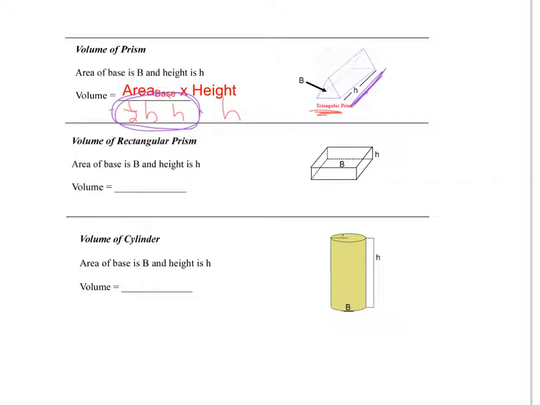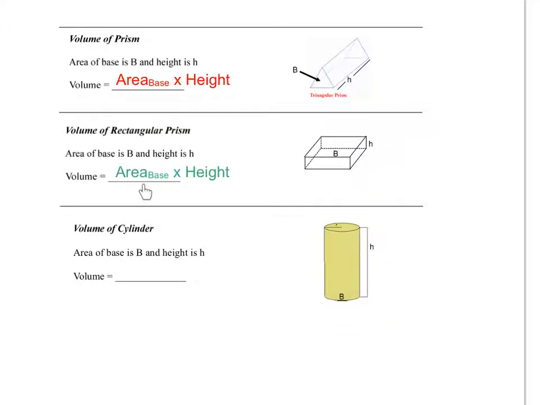So let's talk about the volume of a rectangular prism. Hold your horses. Watch this. The volume of a rectangular prism is also area of the base times the height. So as we look at this rectangular prism right here, it's the area of this base, it looks like a square, it may or may not be, times the height. Another way to think about that is the length of the base times the width of the base.